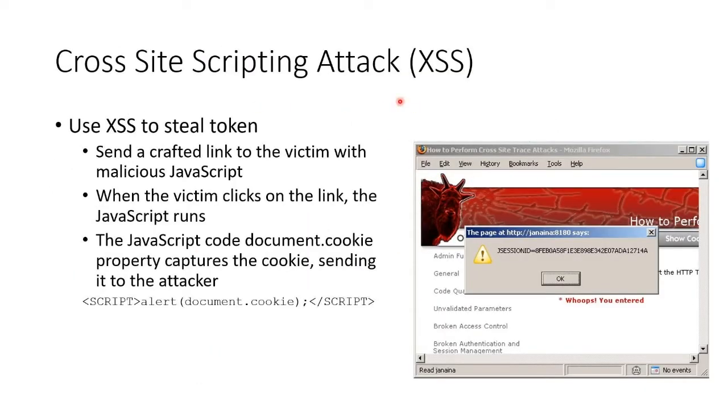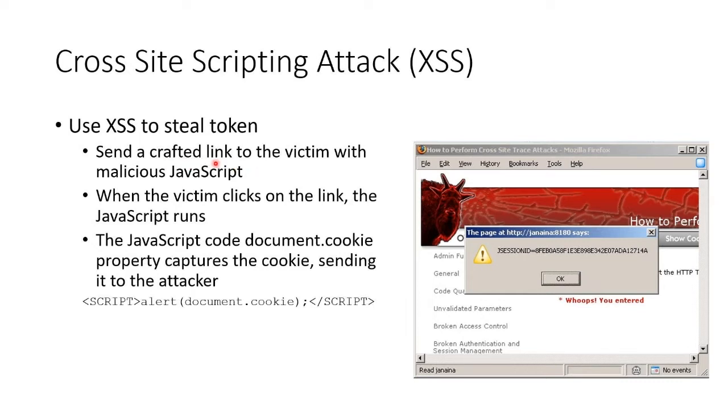We could do cross-site scripting attacks, and more on cross-site scripting soon. So we could use cross-site scripting to steal the token. Now, cross-site scripting is a whole thing in itself. The bottom line of cross-site scripting, which we will talk about in other contexts, is we post some malicious, typically JavaScript, on a website, and somebody, while reading that post, is in the background running that script.